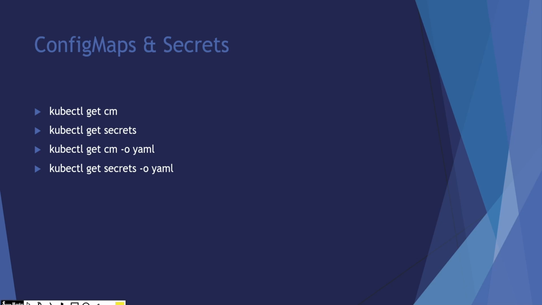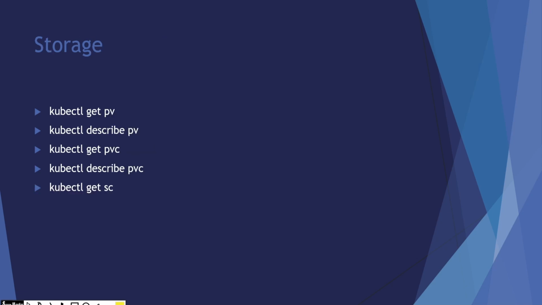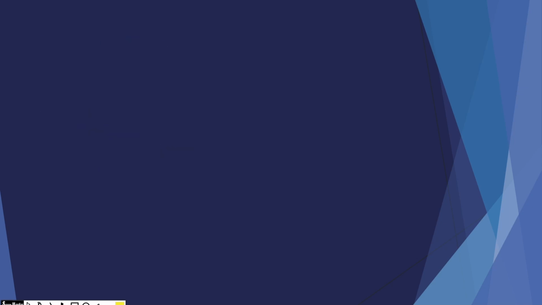To see the config map, kubectl get cm, here cm is config map. kubectl get secrets. kubectl get configmap -o yaml. Like that. For storage also you can use this. You can use PVC describe, and like that you can get cluster info and help, right?